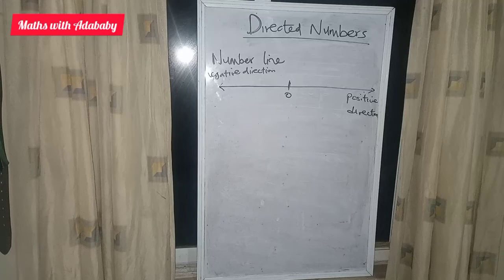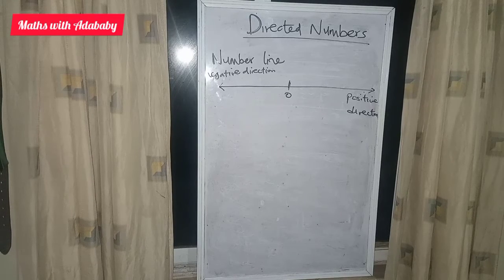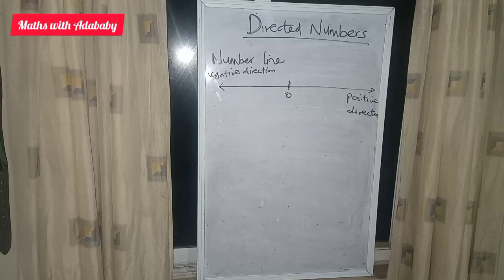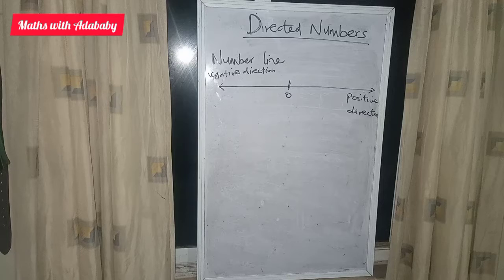Now, looking at what we have on the board, we can see that the negative direction, like I said, is going towards the left hand side, and then the positive direction is going towards the right hand side. Now, the negative direction and positive direction usually have a meeting point, which happens to be the 0 point.